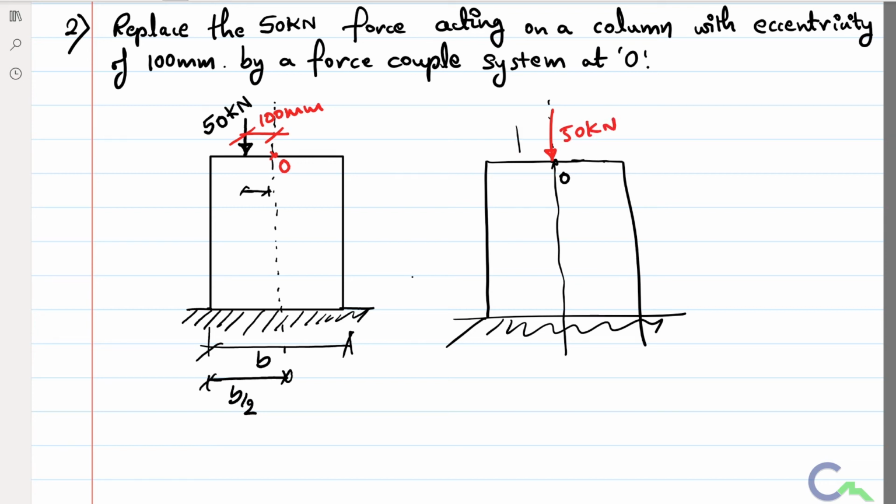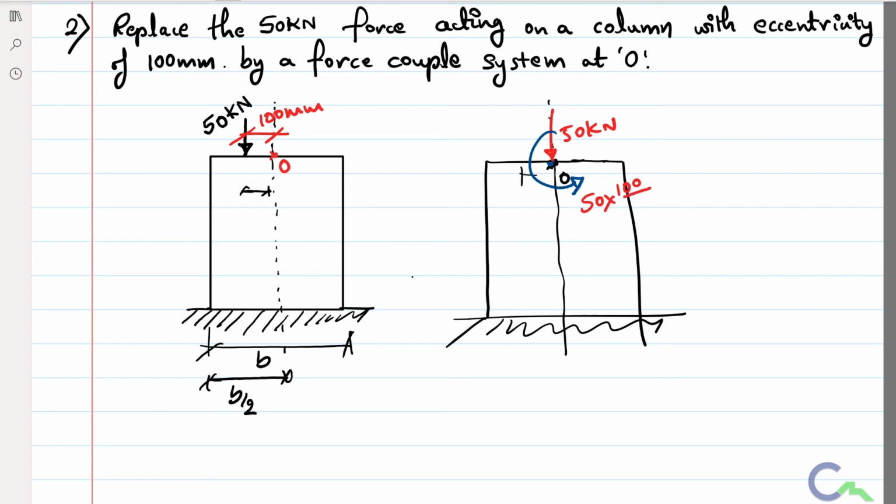Now I have to introduce one couple. We discussed that introducing one couple is nothing but the moment about the new point. If I am calculating the moment about O, that value is nothing but the moment of that force. So that is 50 into 100.